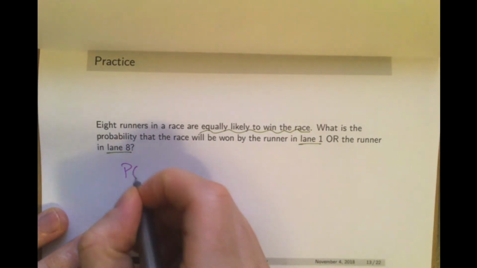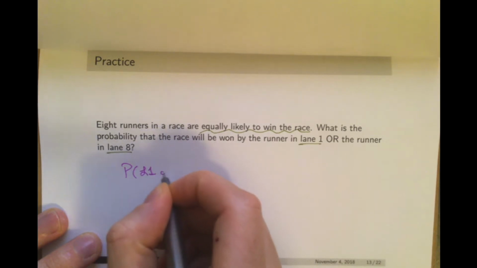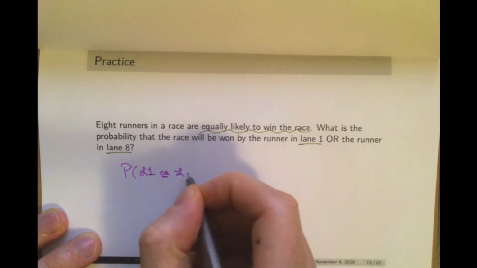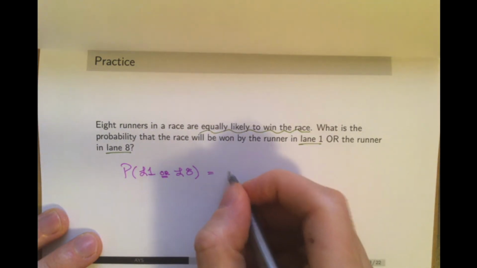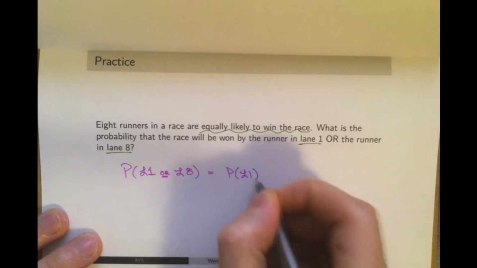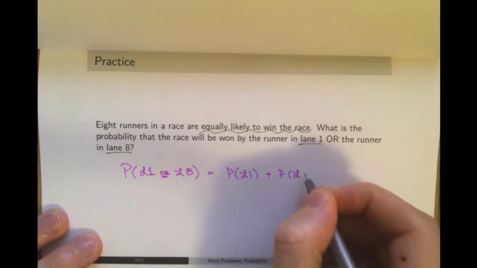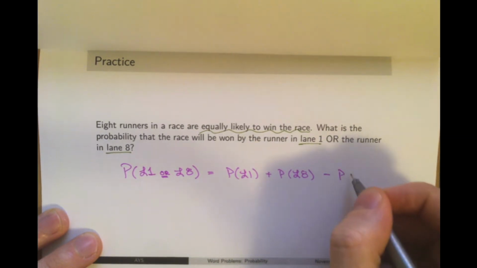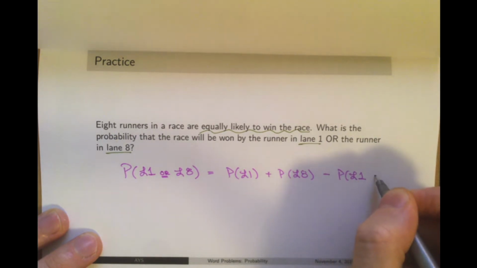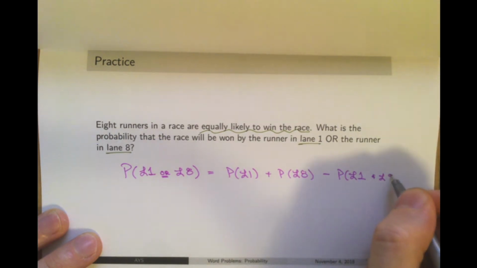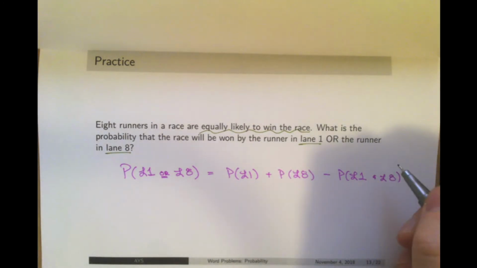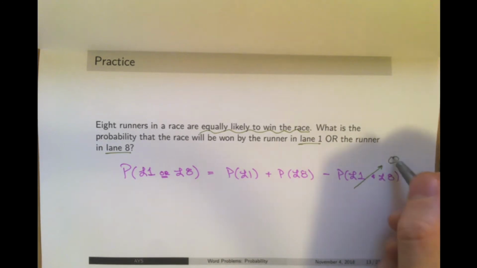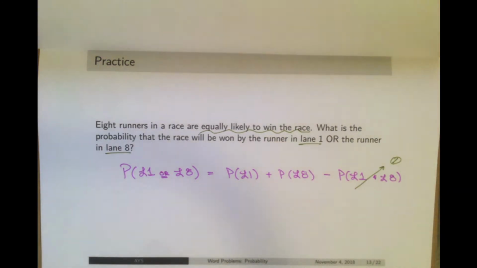So the probability of lane 1 or lane 8, that's equal to the probability of lane 1 plus the probability of lane 8 minus the probability of lane 1 and lane 8. Well, is it possible that the person in lane 1 and the person in lane 8 both win? That's not possible. There's no ties. 0. So either someone has to win and two people can't win at the same time.